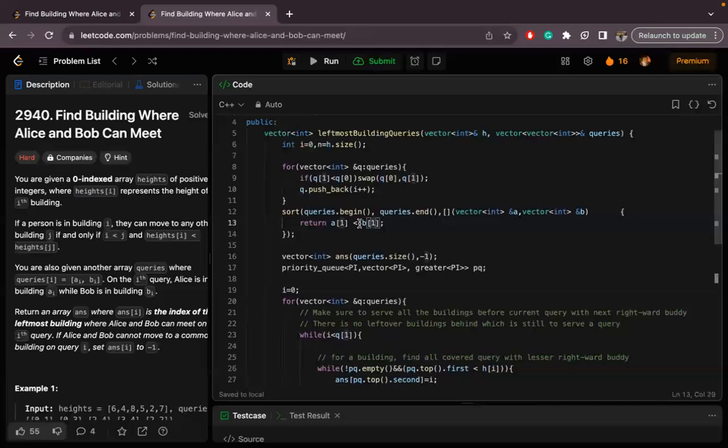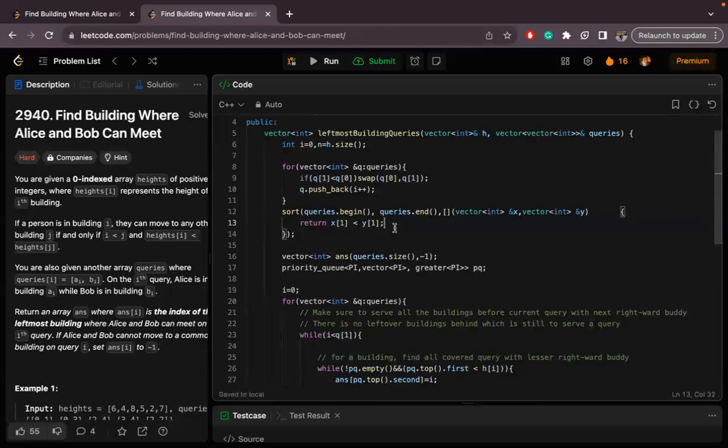Sorry, it's not Alice and Bob. It's just X and Y, right? So the height of first query and height of second query, right? This will be the maximum height from first query, and this will be maximum height from second query, and you are just comparing that.